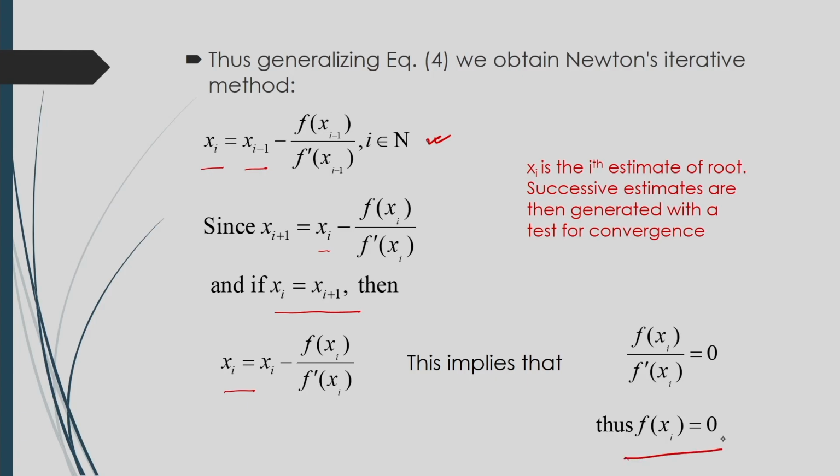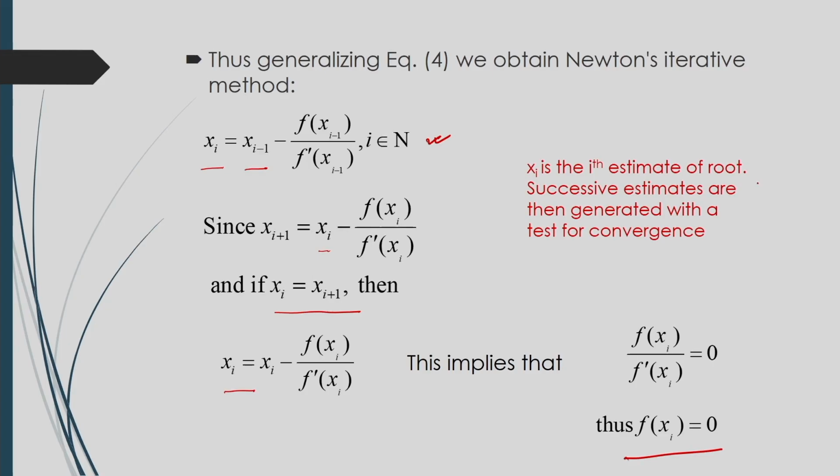What does it mean? That at any point x the function will be equal to 0. So, this is the main principle of Newton's method by which you can solve the nonlinear equation. In this case xi is the ith estimate of the root, and successive estimates are then generated with a test of convergence when that function will come to 0.